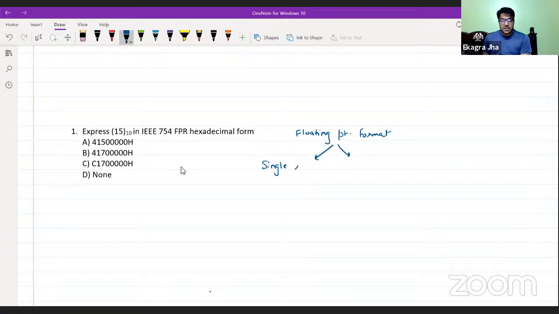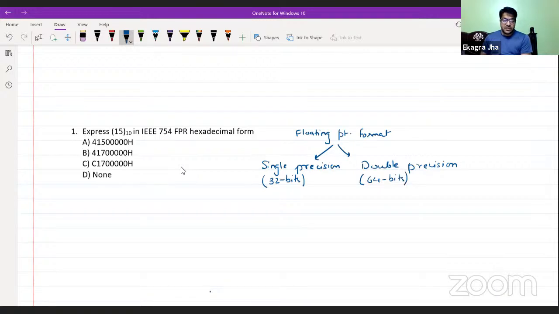First is single precision, and the other one is double precision. Single precision has a size of 32 bits, and double precision is of course 64 bits long.